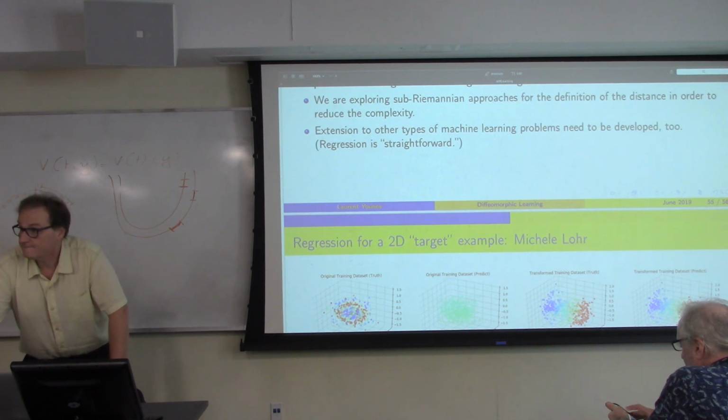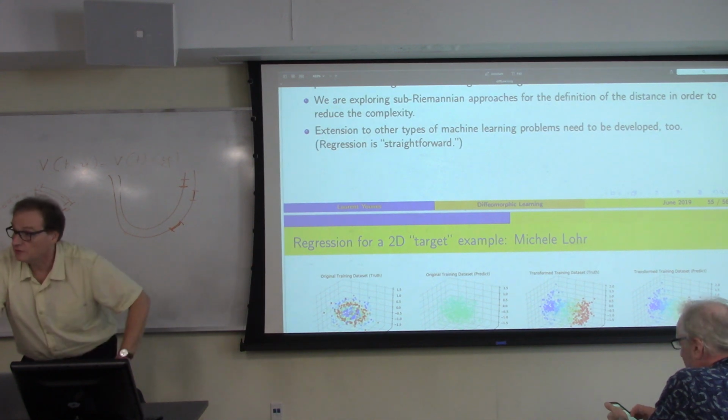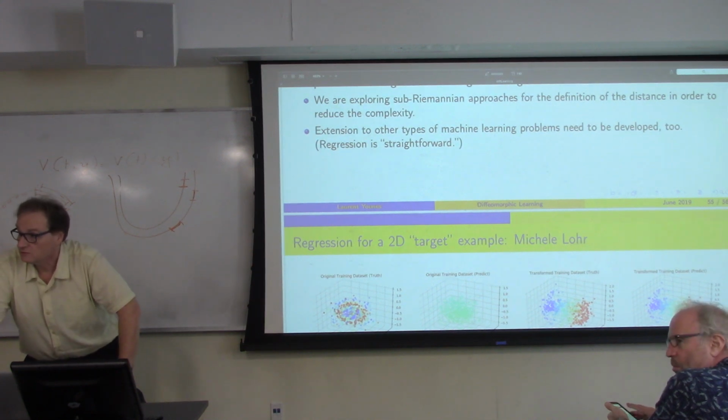Yeah, just one quick question. Is the structure of the underlying manifold of the dataset known before you train it? No, you just have the training data and you don't know anything. Then do you always have to go through all the dimensions? I mean, you could just get a very good result by using a submanifold of this underlying manifold. We still need to go through all the dimensions.